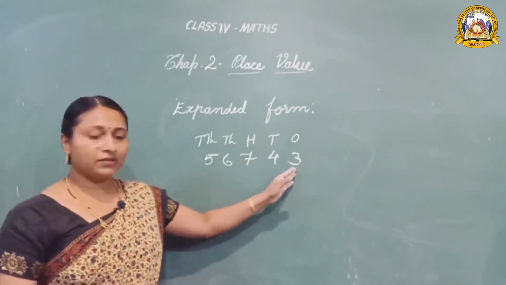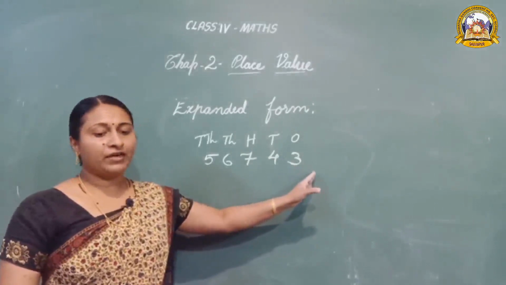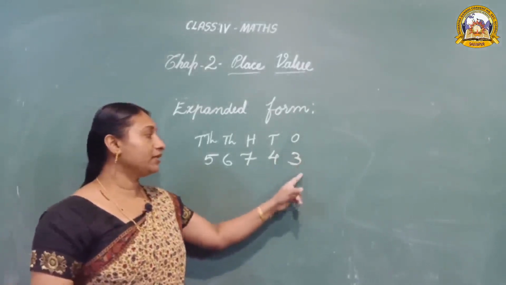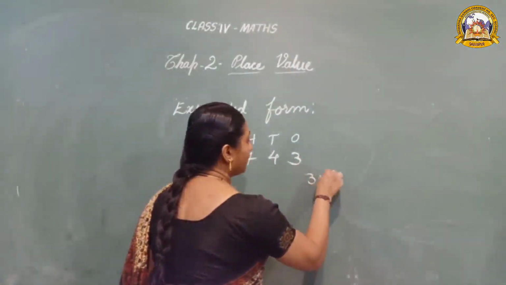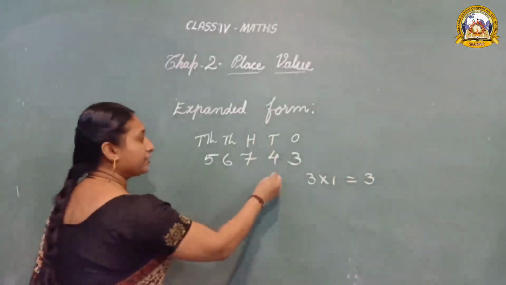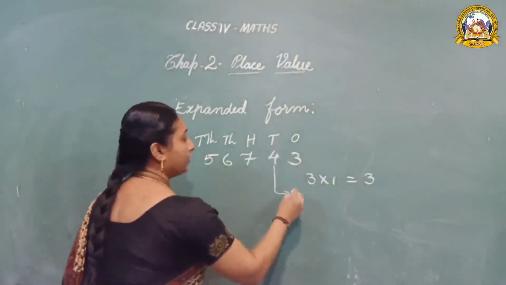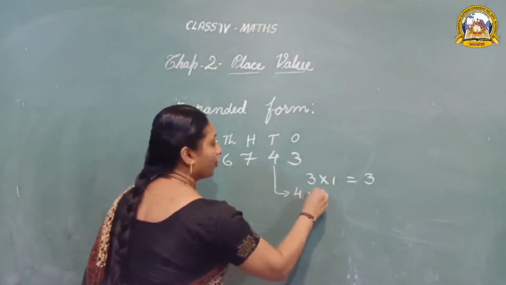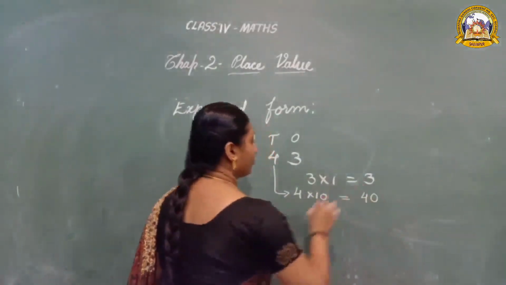Here, as you know, 3 ones. How many ones are there? 3 ones. 3 ones are 3. Next, this 4 tens. 4 into 10. 4 tens are 40.